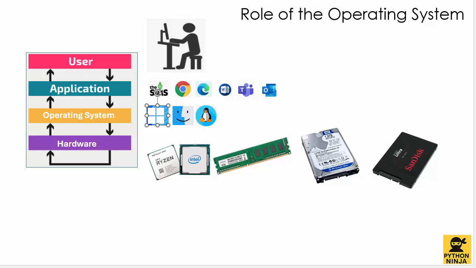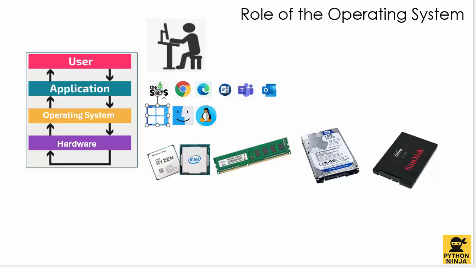Okay, let's briefly recap the role of the operating system. The operating system manages the hardware that you are using, the physical components that make up your computer, and it manages the software that is running on that hardware. You can see it sitting in the middle of this stack here.